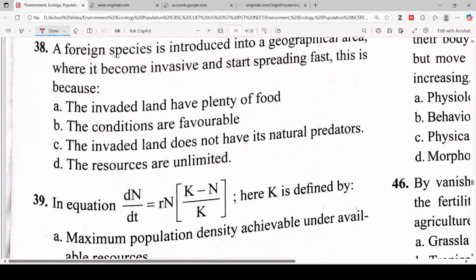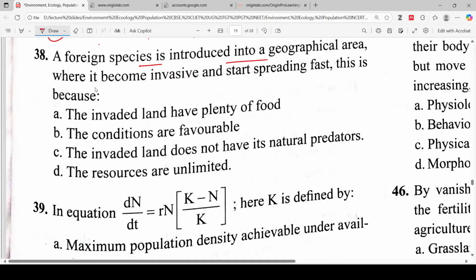Next question. A foreign species is introduced into a geographical area where it becomes invasive and starts spreading fast. This is because the invaded land has plenty of food, the conditions are favorable, the invaded land does not have its natural predators, and the resources are unlimited.